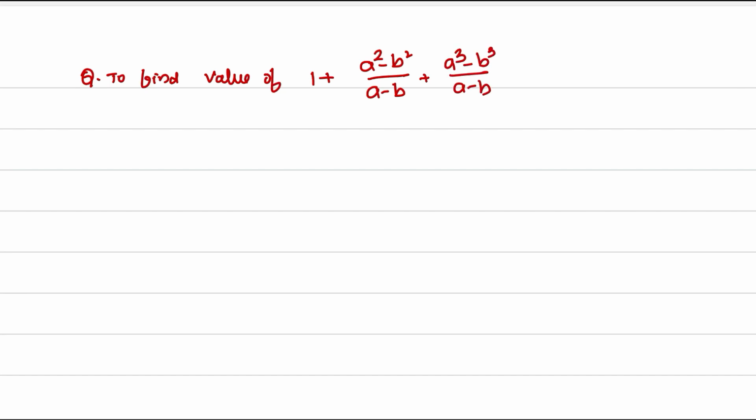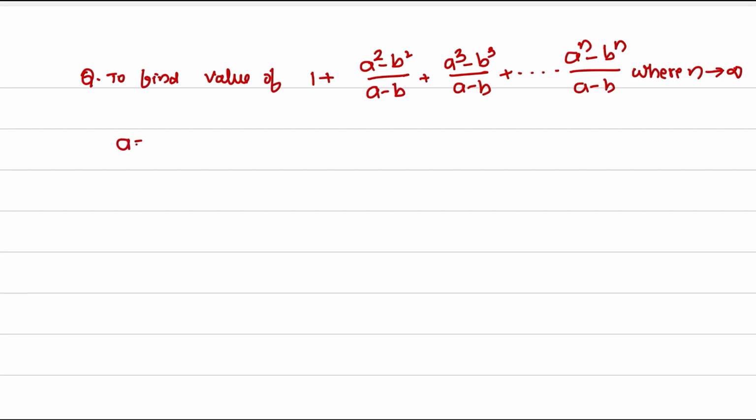Question is to find the value of 1 plus (a square minus b square) by (a minus b) plus (a cube minus b cube) by (a minus b) plus up to (a to the power of n minus b to the power of n) by (a minus b), where n tends to infinity. This is the meaning of it.